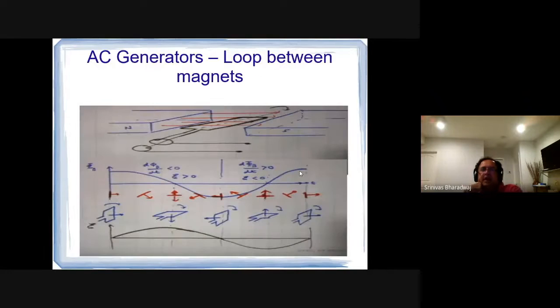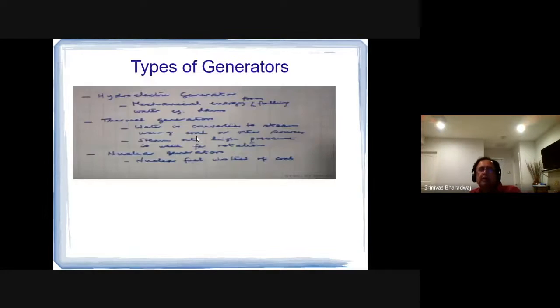Put two magnets with the north and south pole, and in between the two magnets you have a coil which you rotate. There are two or three different types of generators. The most common form of power that we have today is what is called thermal power.